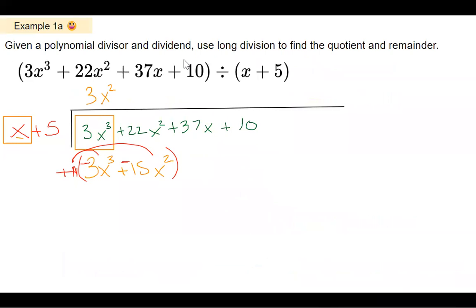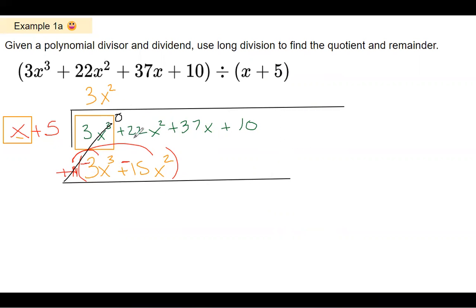Okay. Let's continue, guys. Ahora sí, let's go ahead and simplify. 3x to the power of 3 plus negative 3x to the power of 3. That is what? It cancels out at 0.